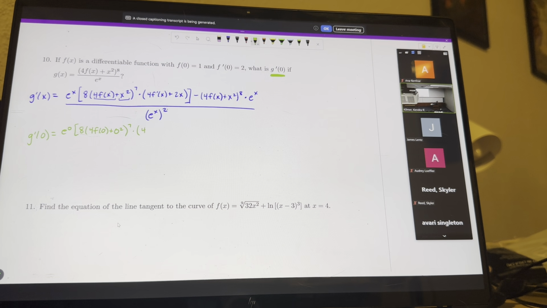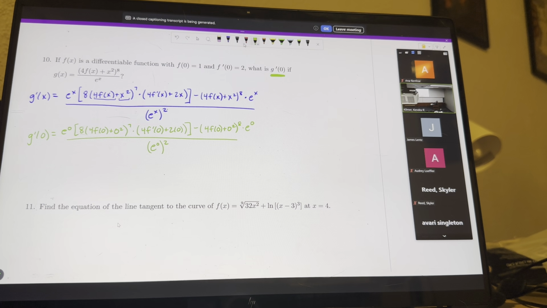Times, open parentheses, 4f prime of 0 plus 2 times 0, close parentheses, close square bracket, minus 4f of 0 plus 0 squared raised to the 8th, times e to the 0, over e to the 0 squared.